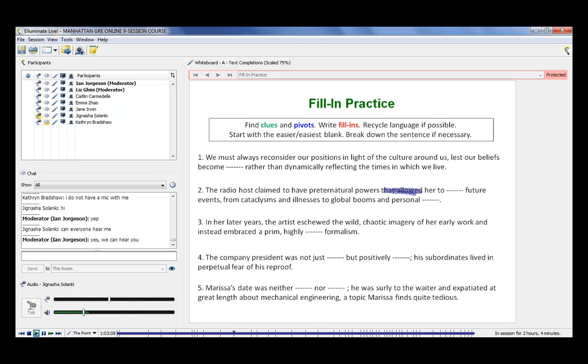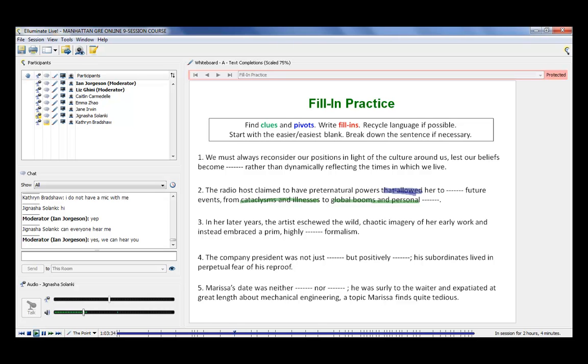And the clues are cataclysms and illnesses to global booms and now, as we see here, the radio host claimed to have preternatural powers.